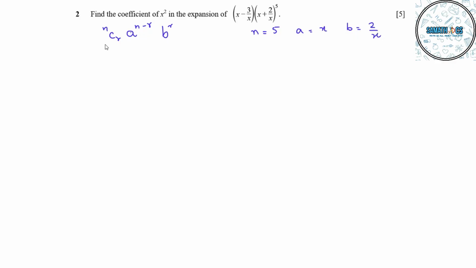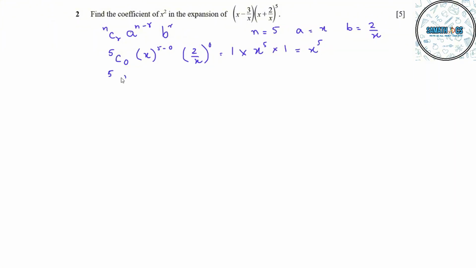Let's substitute the values. 5C0, x power 5 minus 0, 2 upon x with power 0, which is equal to 5C0 is 1. X power 5 minus 0 is x power 5. 2 upon x with power 0 is 1. So we have x power 5.